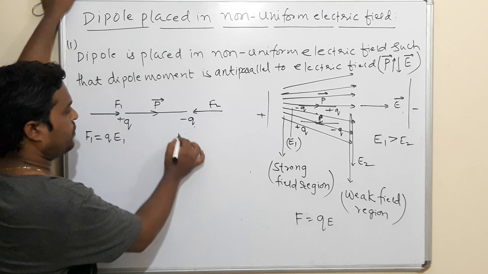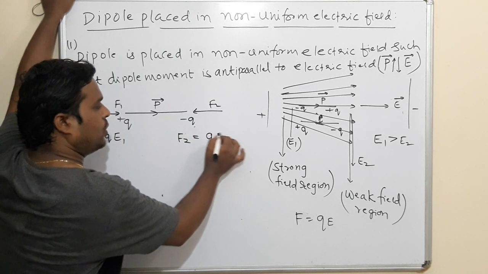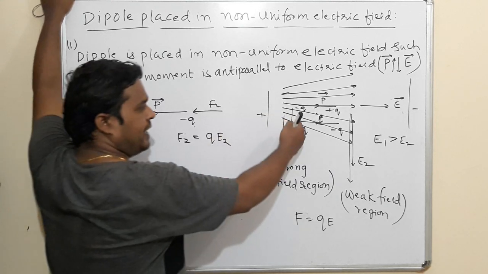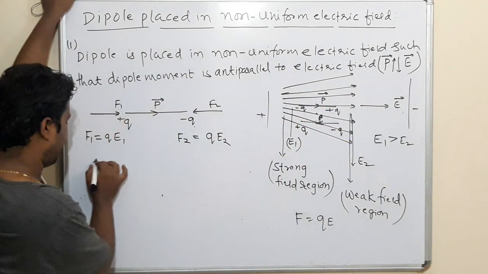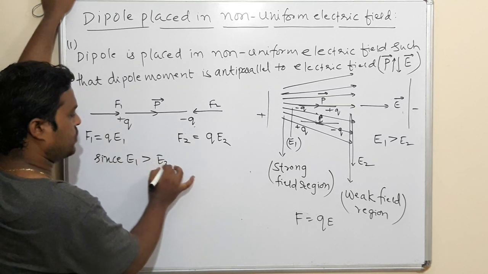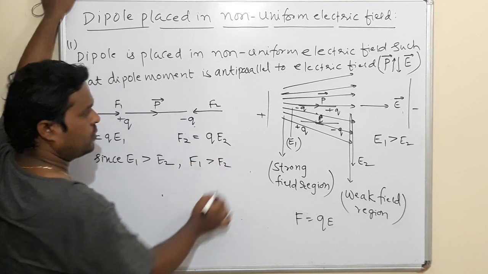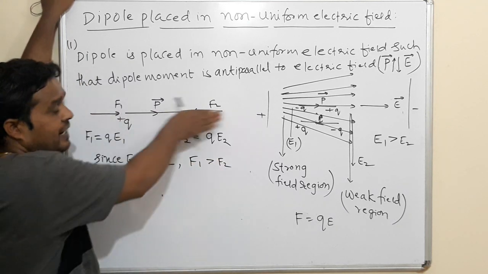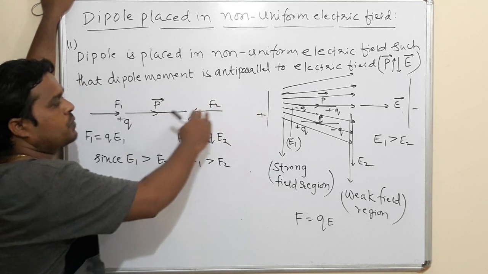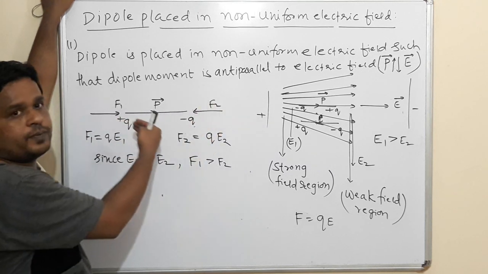Now also the F1 and F2 values will be the same. F2 is equal to, again, Q into E2. Now which field is strong? E1 is stronger than E2. Since E1 is more than E2, F1 is more than F2. That means F1 is acting in this direction. In this direction, if it is 10 Newton force, in this direction it will be 4 Newton or 6 Newton force.